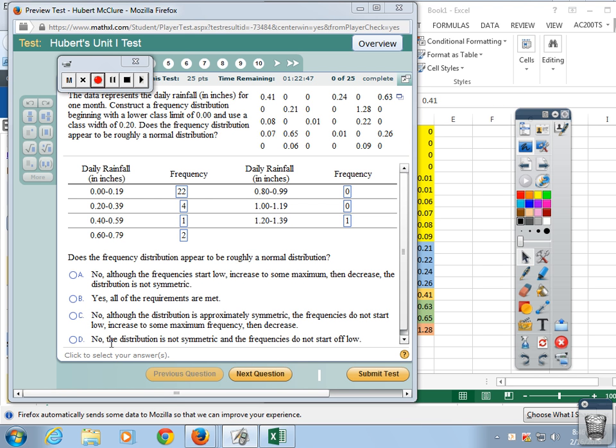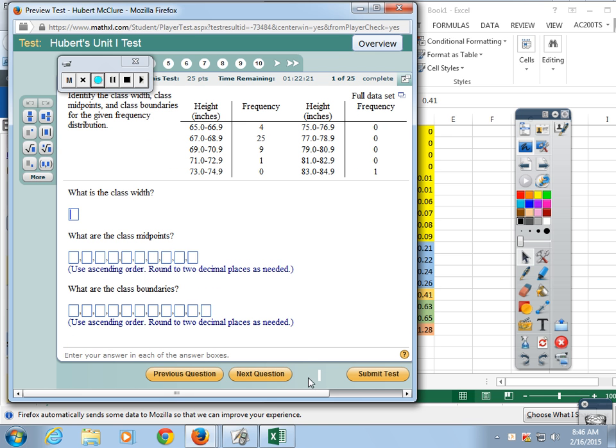No, no, and no. Yes is not an answer. It's going to be one of these 3. Does the frequency start low? No, so it's not that one. The distribution is not symmetric, and the frequencies do not start off low. I would say it's that one. So that's the first question.